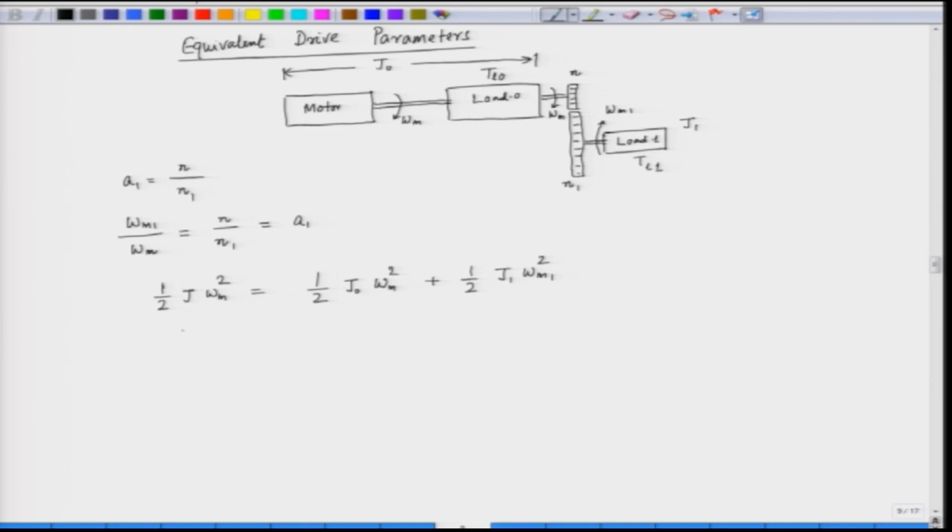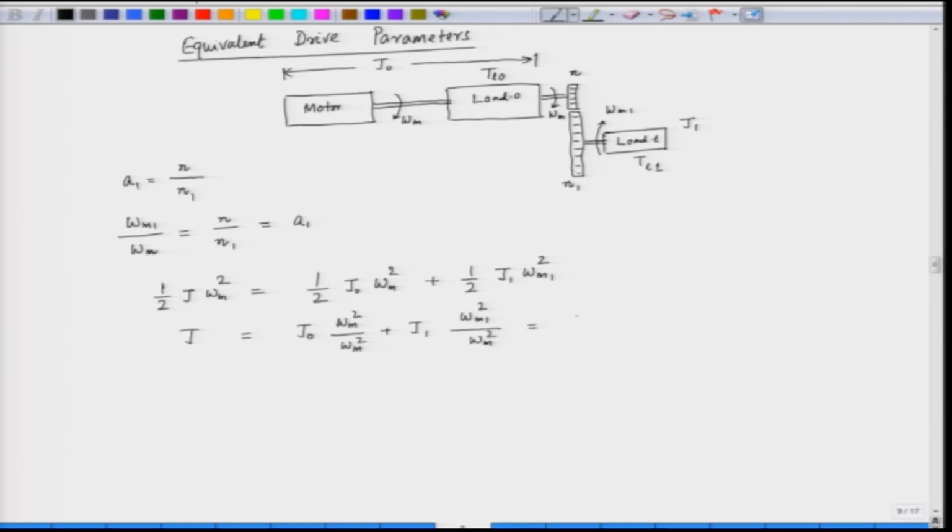Now, if we want to find out the equivalent moment of inertia j, from this equation we can take this omega m square to the right hand side, that is equal to j naught into omega m square by omega m square plus j 1 omega m 1 square by omega m square.